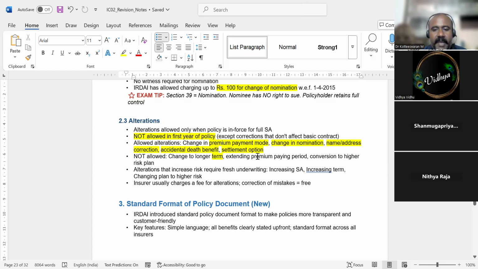Extending the premium paying period. Okay. For example, you have taken a limited premium paying policy. Limited premium paying policy is, so you are saying, I want insurance for 60 years, but I won't be working till 60 years.